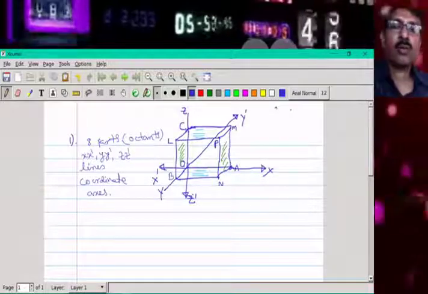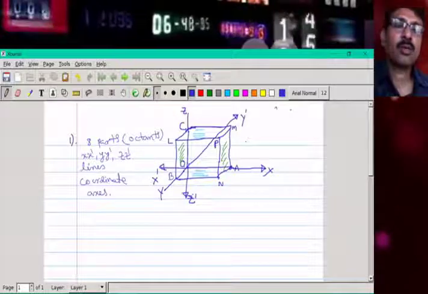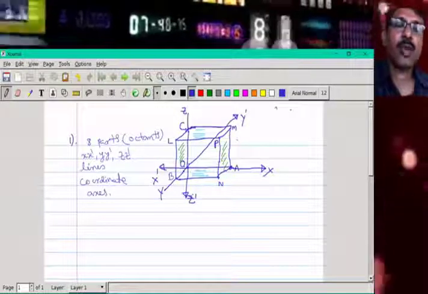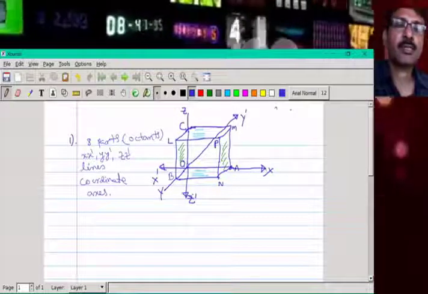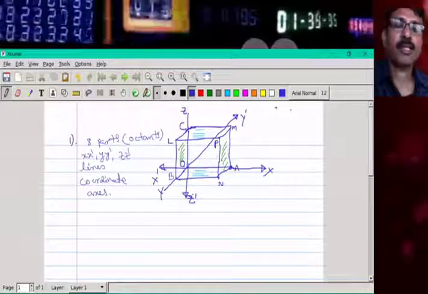I have taken one octant formed by the positive x-axis, positive y-axis and positive z-axis.